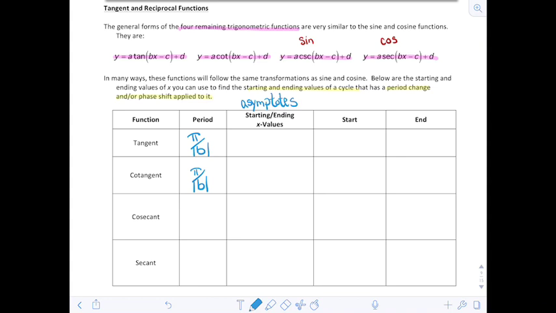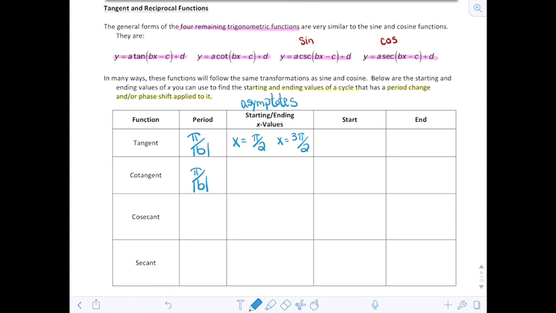So when we talk about starting and ending x values, we're going to talk about the starting asymptote for tangent. So we can use x equaling pi over 2 and x equaling 3 pi over 2. When we graph tangent, the parent function, we had the first asymptote at pi over 2 and the second asymptote at 3 pi over 2.